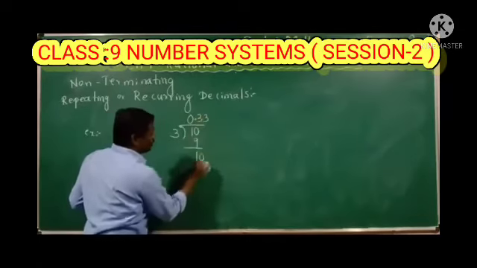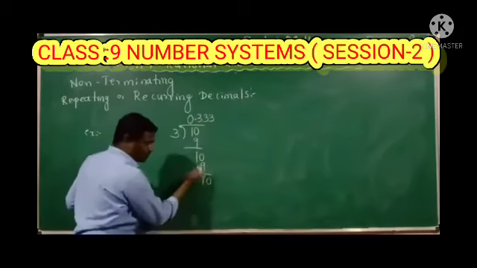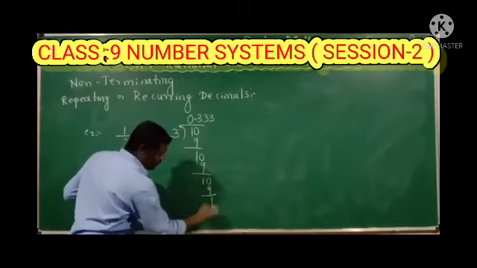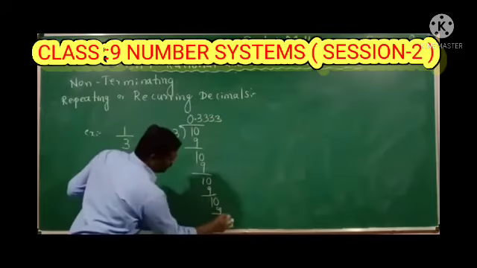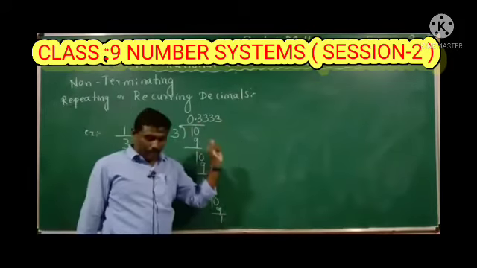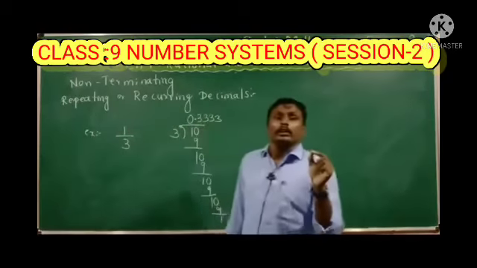Again 10, 3 3s are 9, remainder is again 1. 3 3s are 9, remainder is again 1. So these kinds of repetitions are called non-terminating.